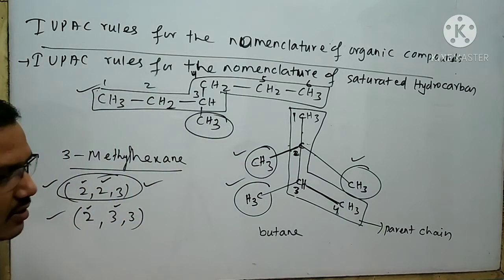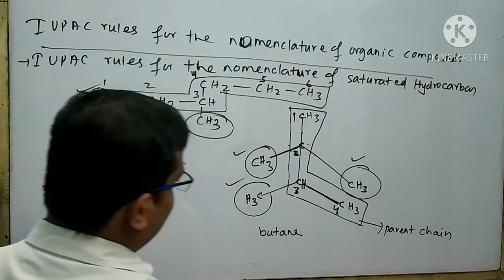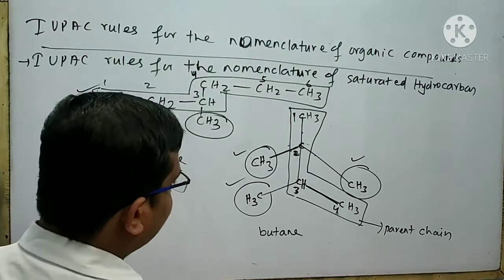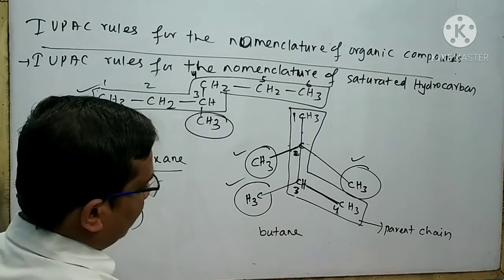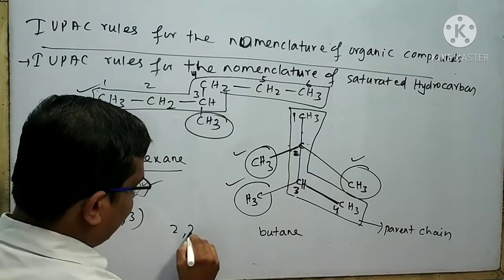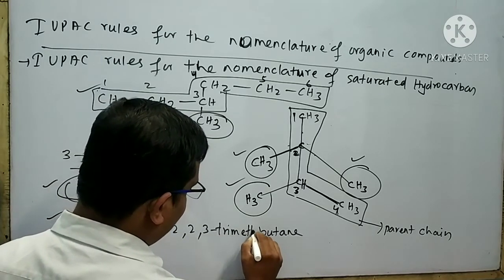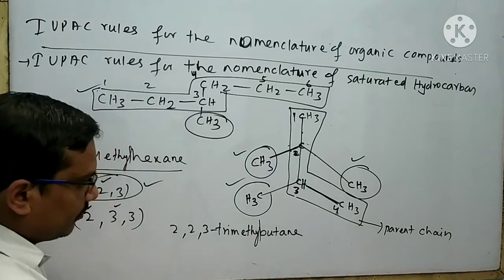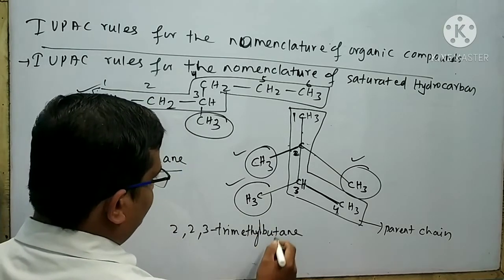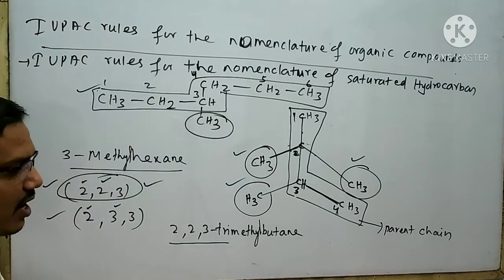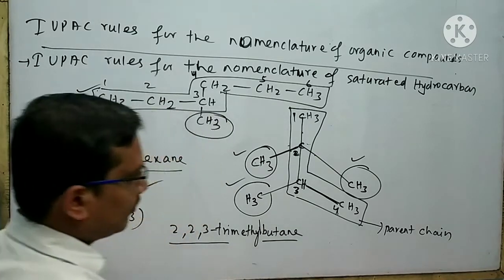All the side chains are the same, and the side chain has the name methyl. So here I can write 2, 2, 3 trimethyl. Finally, the name of this compound is 2, 2, 3 trimethyl butane.